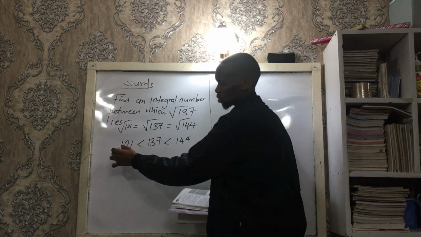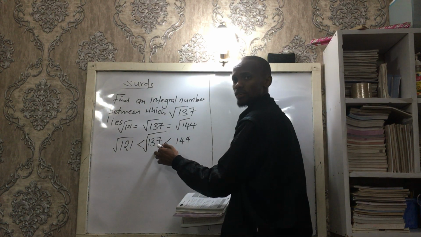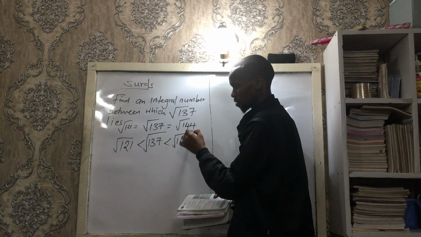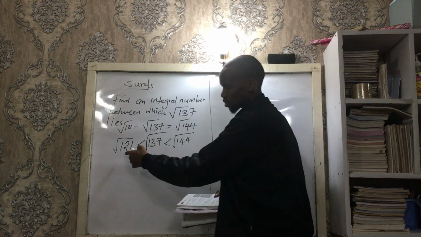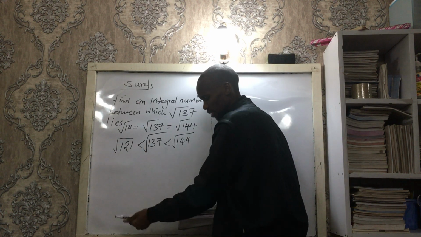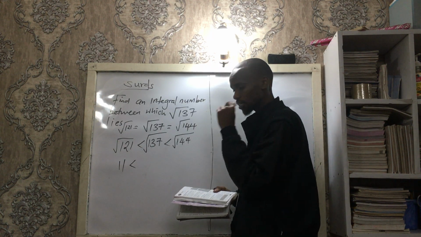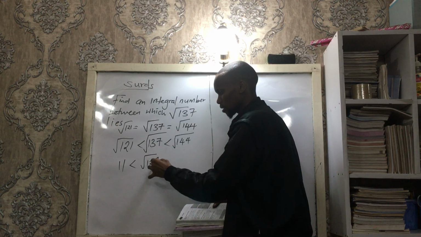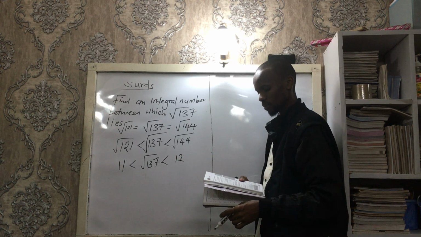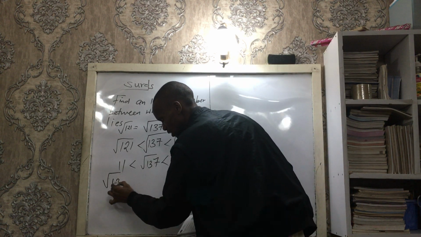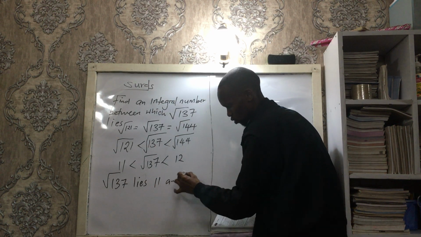So the square root of 121 is less than the square root of 137, which is less than the square root of 144. The square root of 121 is 11, and the square root of 144 is 12. Hence the square root of 137 lies between 11 and 12. That's what I mean.